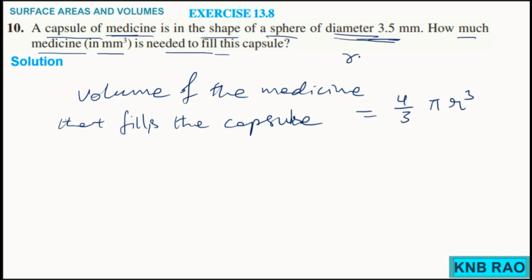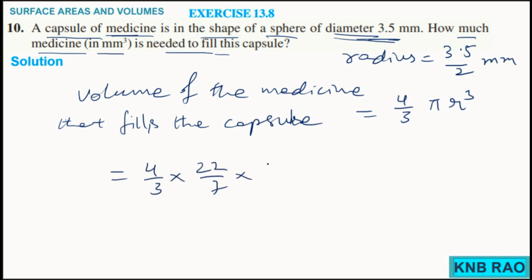That means radius is 3.5 by 2 mm. So I will substitute that. So 4 by 3 into 22 by 7 into 3.5 by 2 into 3.5 by 2 into 3.5 by 2.